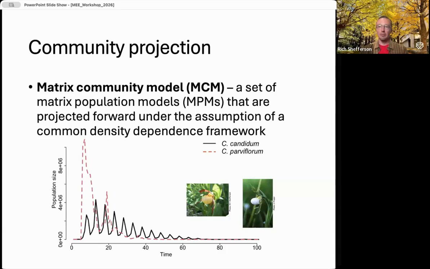So you can set up a matrix population model for each of those species. And then instead of just assuming that they're all independent, you could create a common density dependence framework, say choose some vital rates across the different matrix population models that are going to be assumed to be influenced by competition with the other species, whether it's direct or indirect competition.